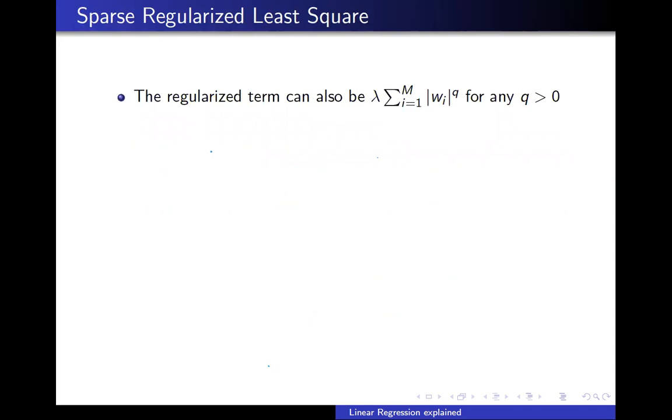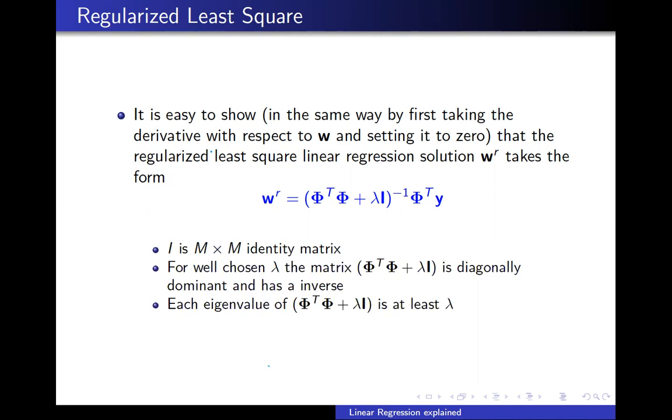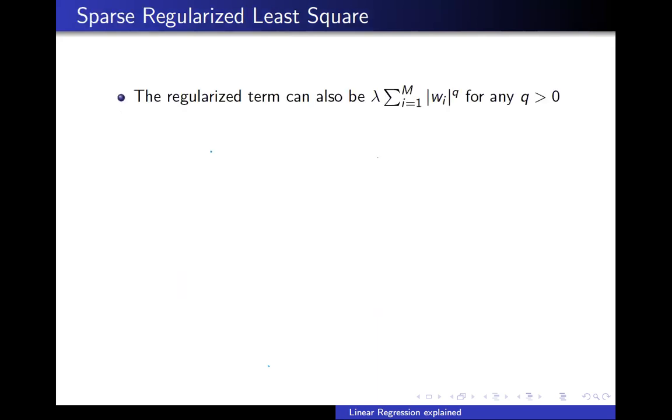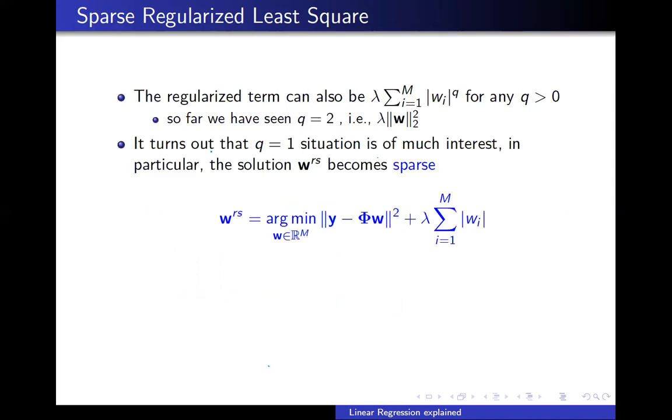Now, there are different ways you can apply regularization. The one we have seen is the squared norm of W, but you can also use the power of q. Another very interesting regularization which is often used is when q equals 1.